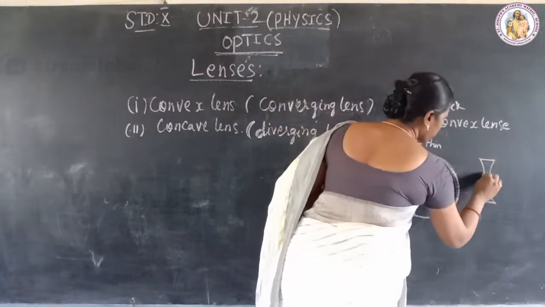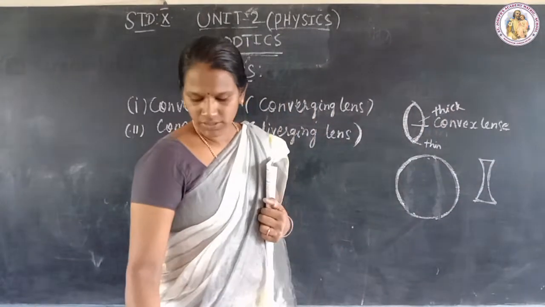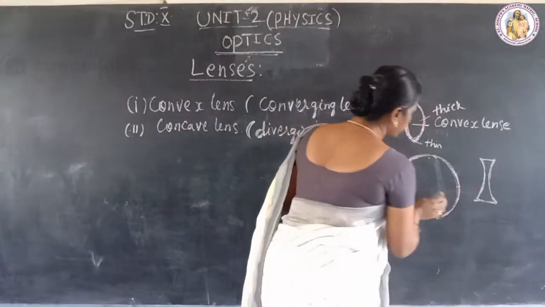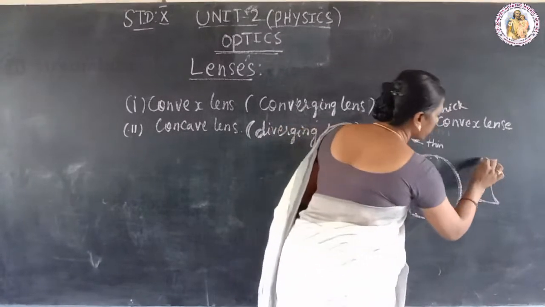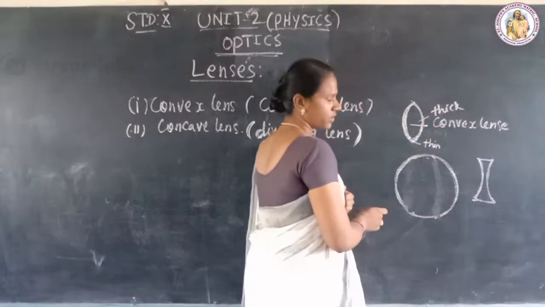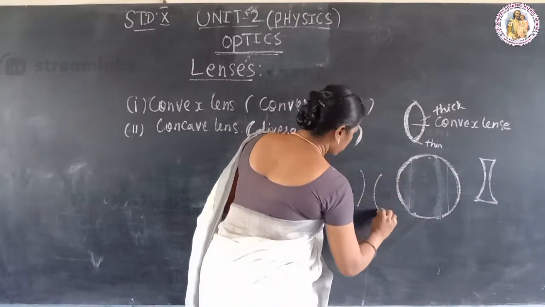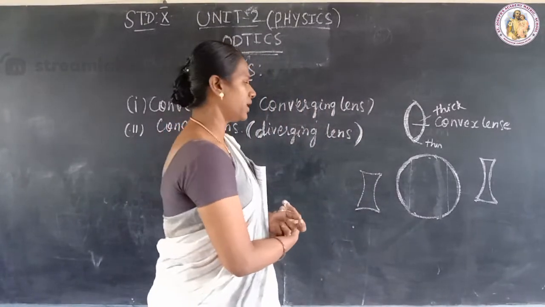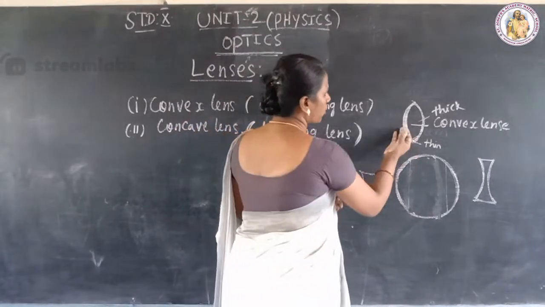For the concave lens, the curved part of the spherical mirror is curved inward. So in the quadrant, joined, that is the concave lens. This is the concave lens and this is the convex lens.